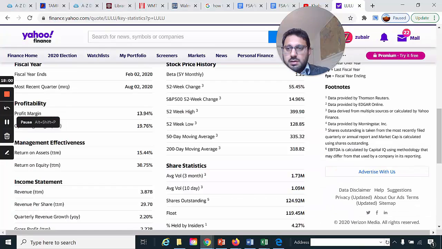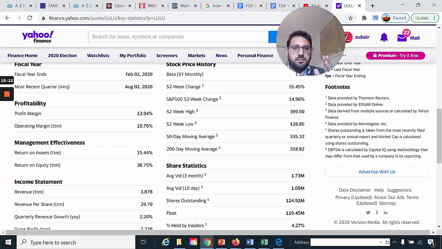So for Lululemon, we have seen that 24% is the ROA and 38% is the ROE. But we have used the data for Lululemon up till 2nd February 2020. When I'm recording this lecture, it is already November 2020.